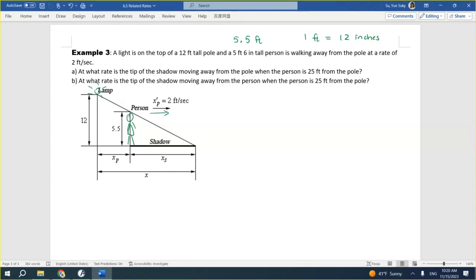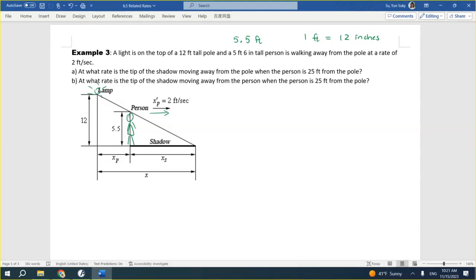So part A, at what rate is the tip of the shadow moving from the pole? See, the tip of the shadow moving from the pole. You're talking about the x, right, everybody? The distance from the tip of the shadow to the pole is x. We are looking for the rate of x.